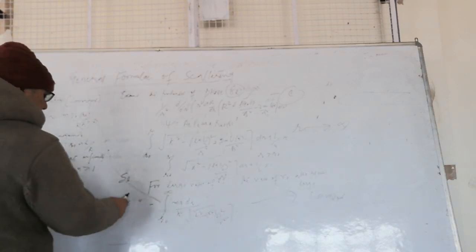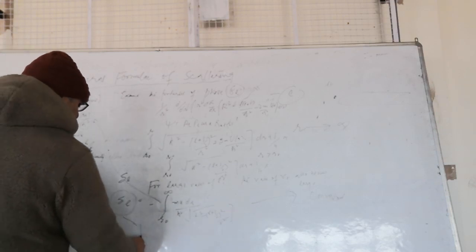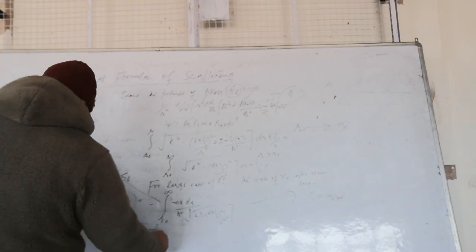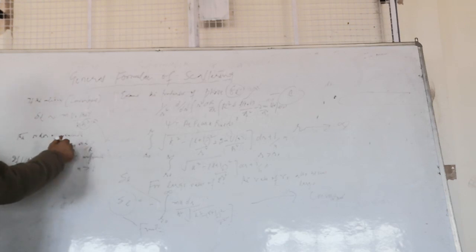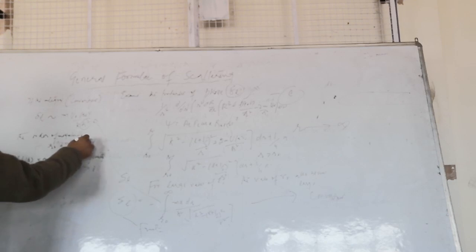And with the phase factor, this delta L becomes finite. On the other hand, for a given value of L, if this is proportional to this, the order of magnitude of R L is proportional to L by K.